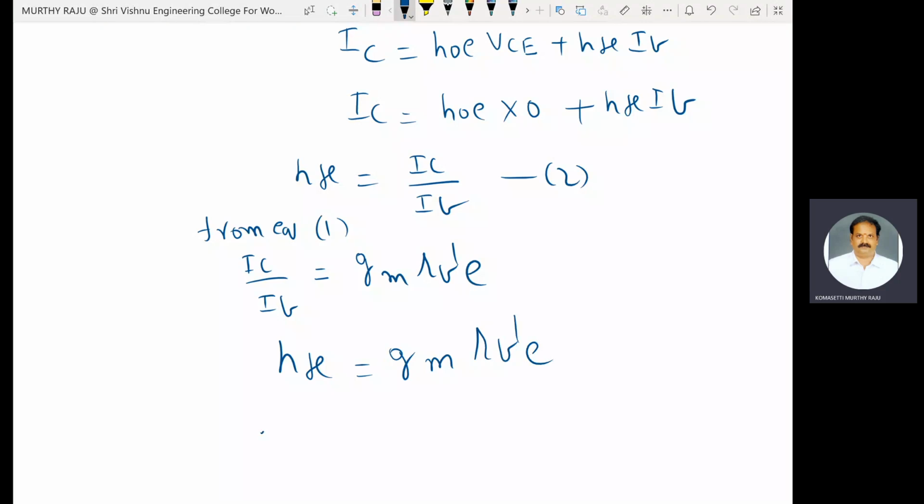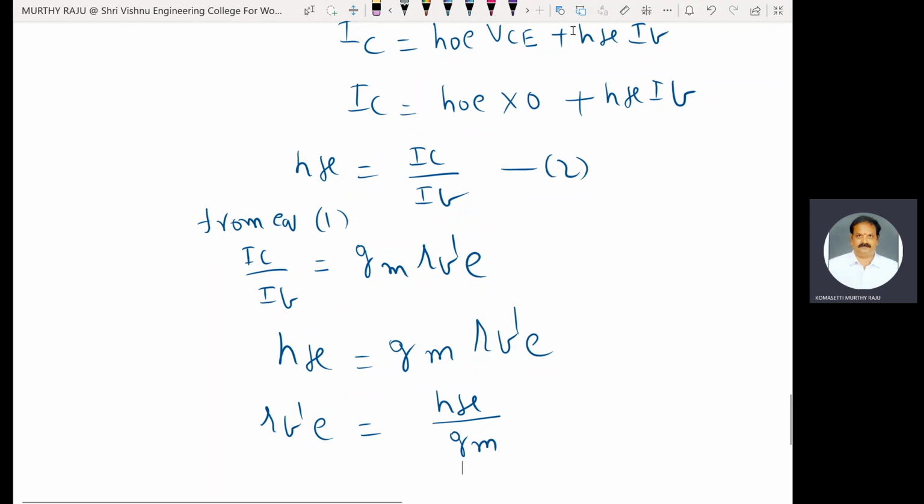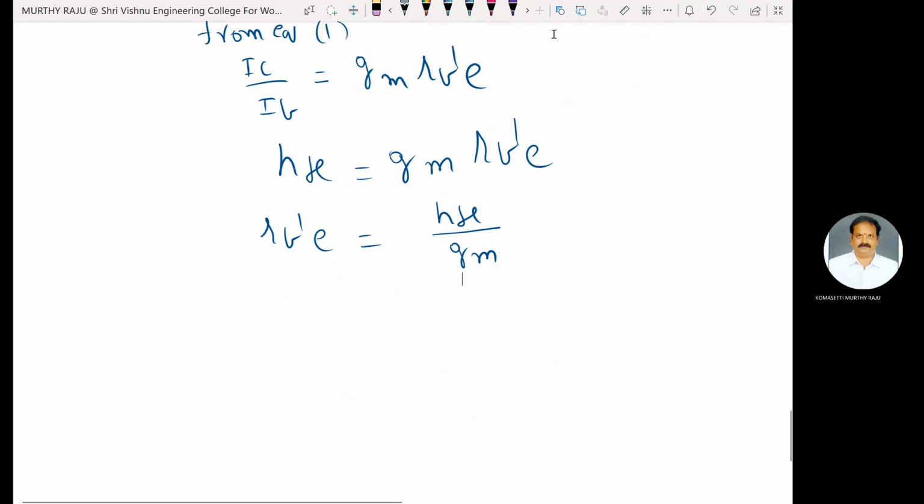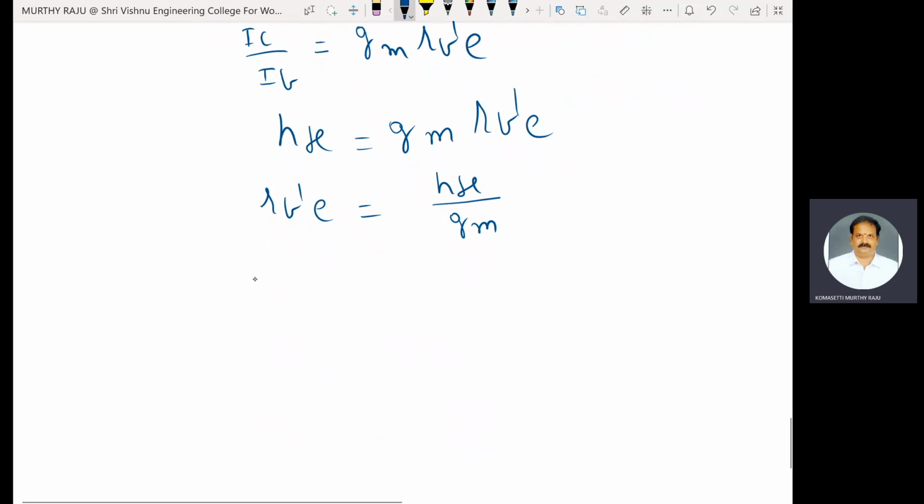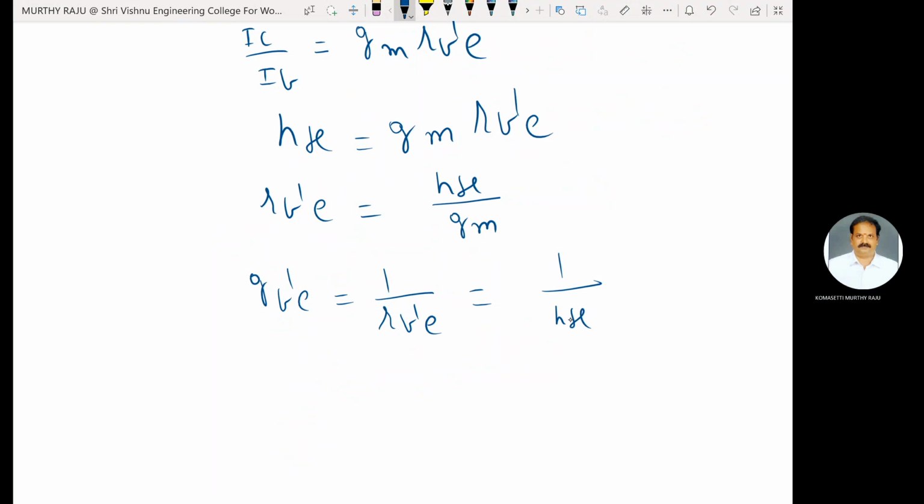But RB dash E is equal to HFE by GM. But we need to calculate the input conductance GB dash E, that is 1 by RB dash E. 1 by RB dash E is GM by HFE.